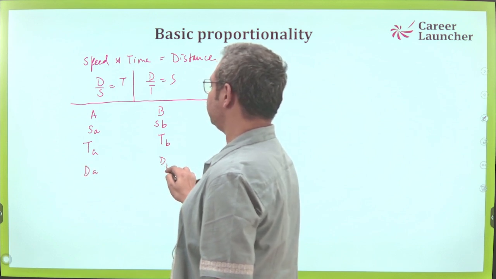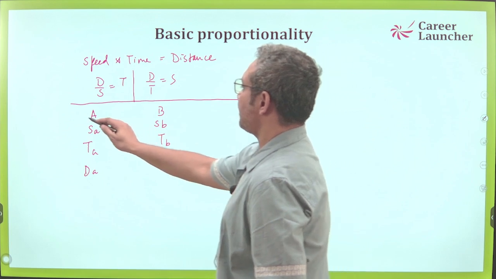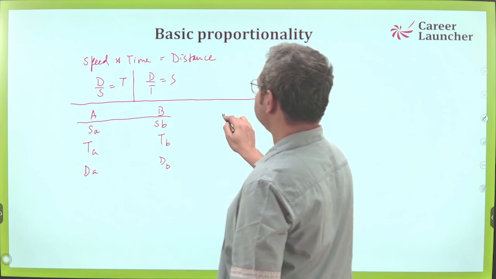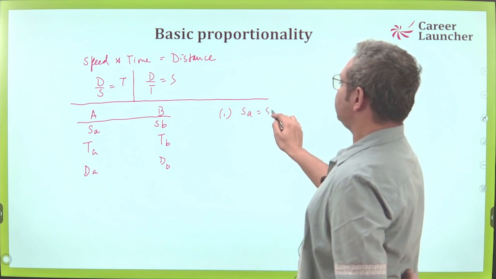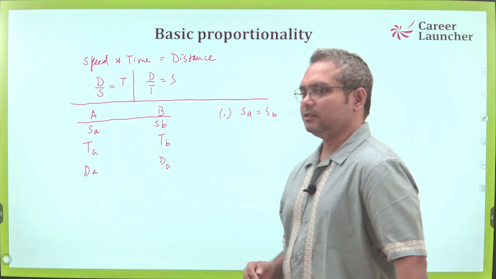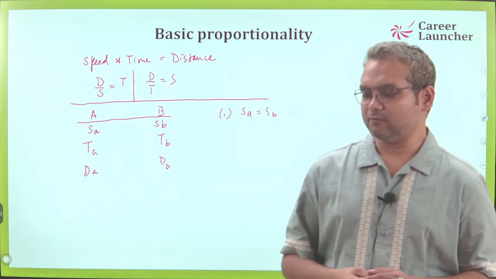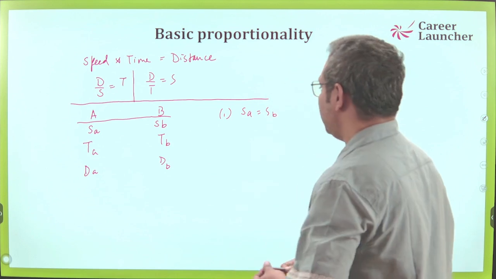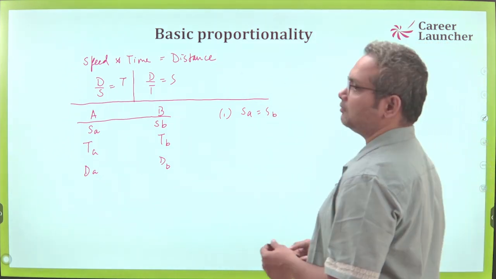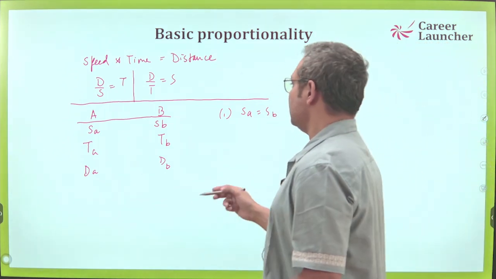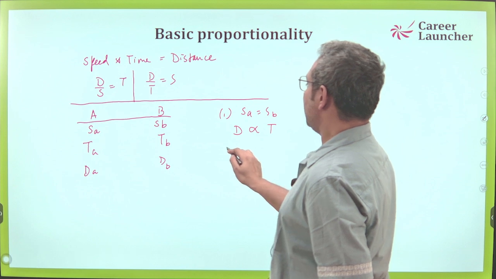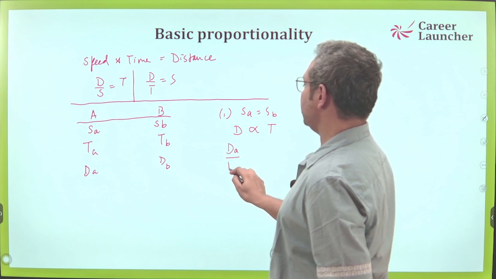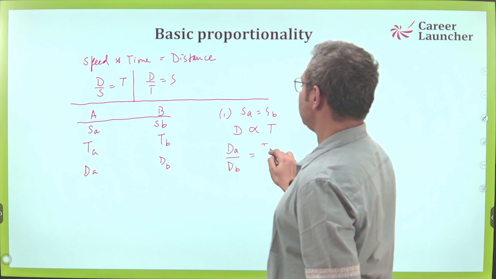Case 1: if the speed of travel is the same, A and B travel with the same speed, then what will happen? Whoever travels for a longer duration of time will cover more distance. So distance will be directly proportional to time, and hence we will have ratio of the distance equal to ratio of the time.